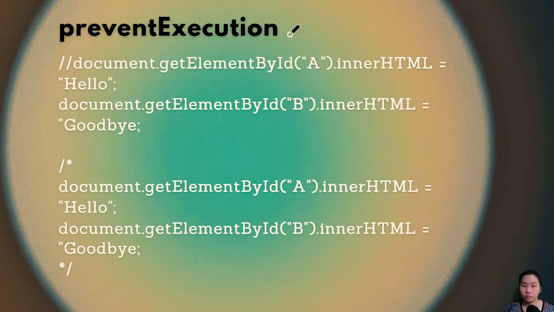Now, moving on to preventing execution. So I have a bunch of code over here. We use the single line comment first, two dashes all the way to the end of line. I don't have enough space here, so let's just consider this one the end of line. JavaScript will not touch this whatsoever.